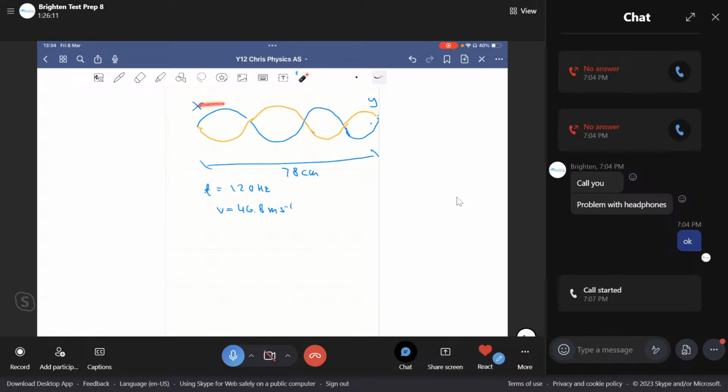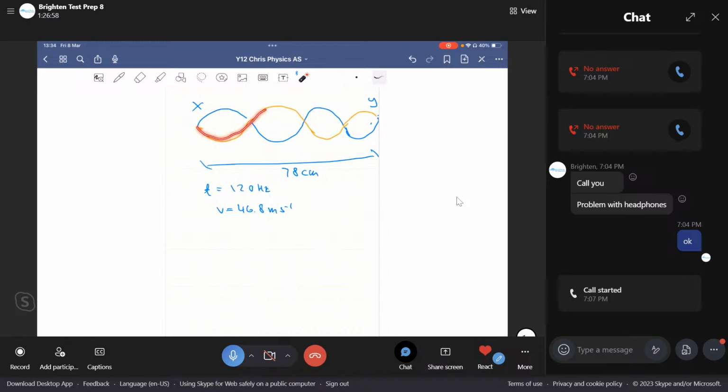So if we would say, well, that would be very long, of course. But if we say the instrument's L is 78 centimeters, for example, what can we tell then about the harmonics? Fourth harmonic.